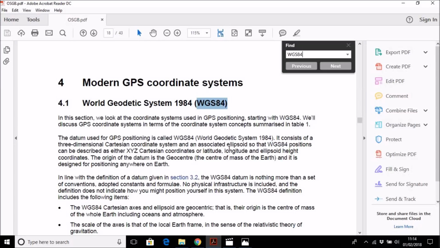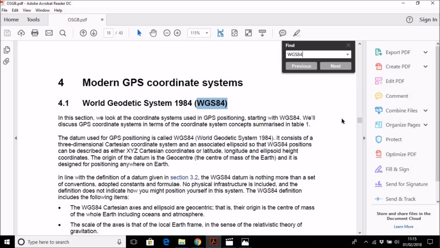And that ellipsoid has the dimensions that were given earlier. Essentially 6,356 or 6,378 kilometer radius.